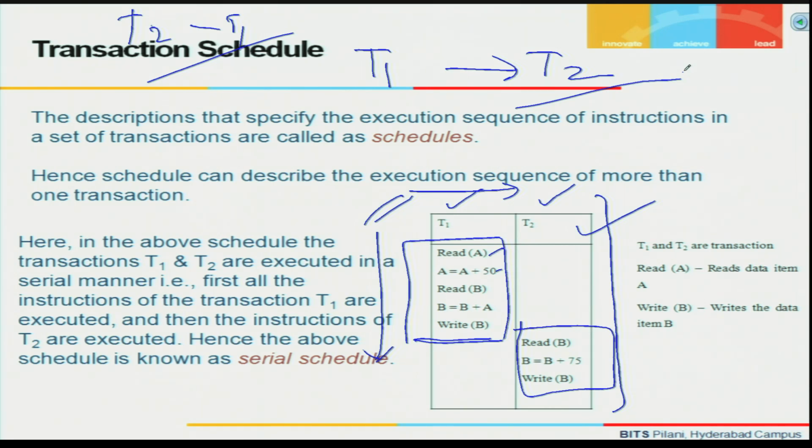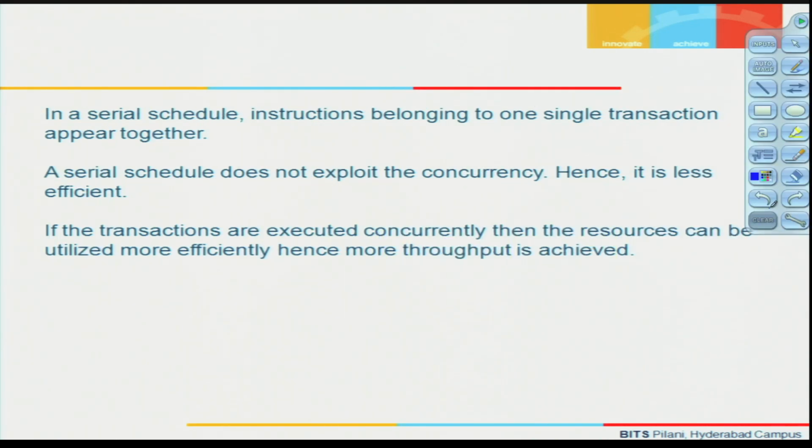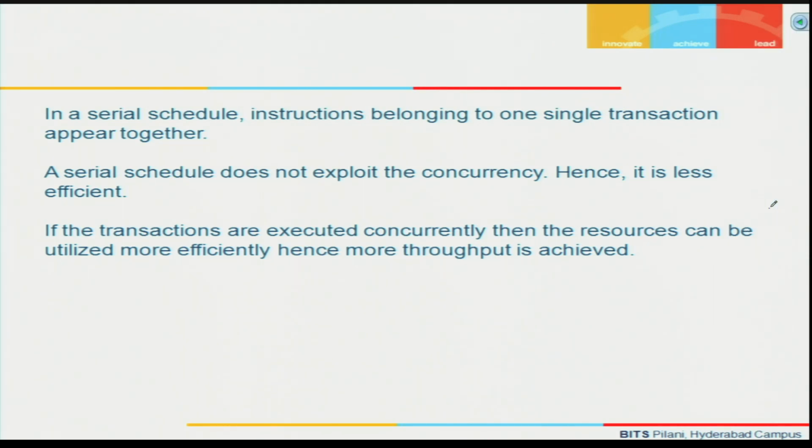That means all the instructions of a given transaction are executed together. In a serial schedule, instructions belonging to a single transaction appear together. A serial schedule does not exploit concurrency. So what is the problem with the serial schedule? Since there is no concurrent execution of the transactions, all the instructions of T1 are executed first, then the instructions of T2 are executed.